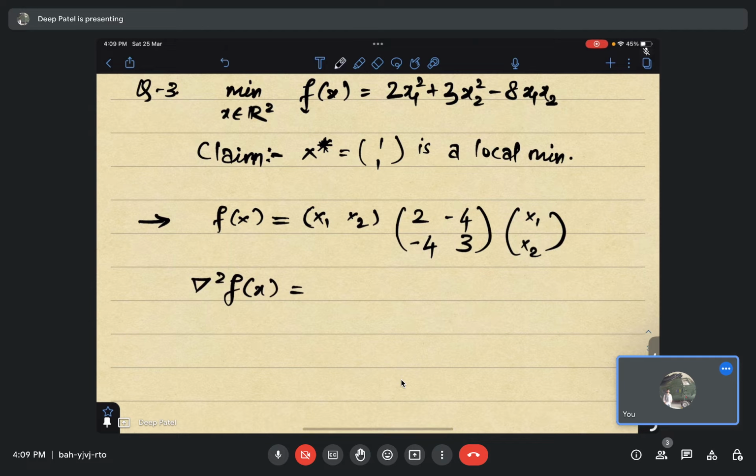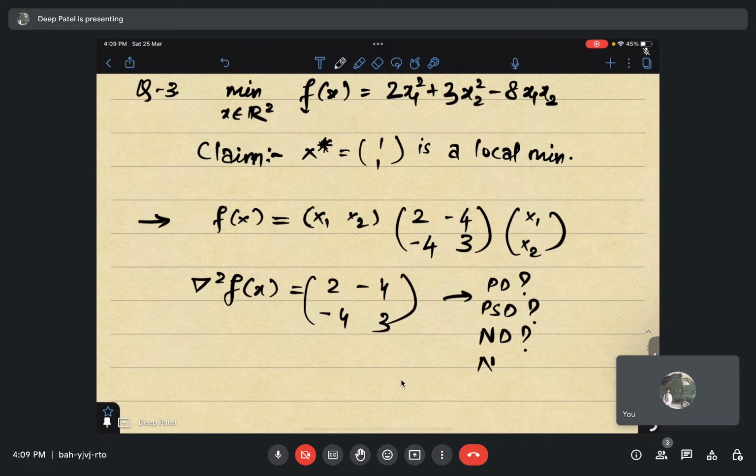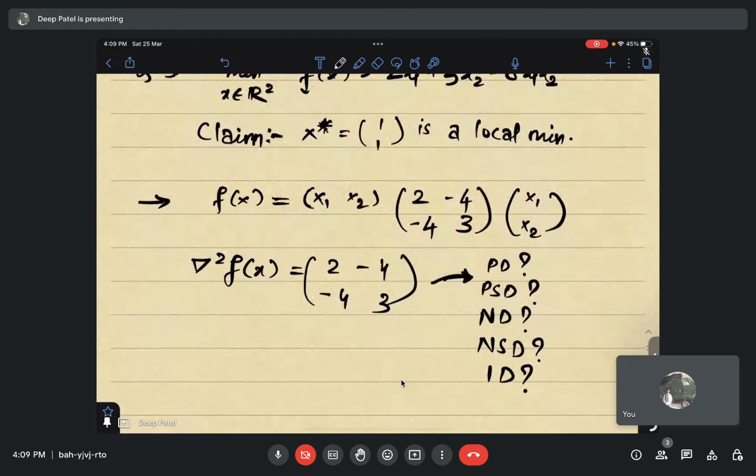So what will it be? Simply 2, minus 4, 3. So is this PD, PSD, negative, negative semi-definite, or indefinite? It's positive definite, right?